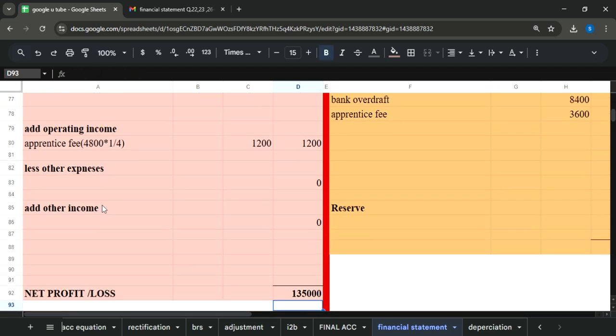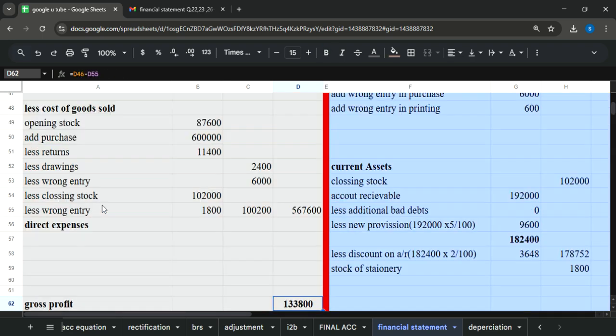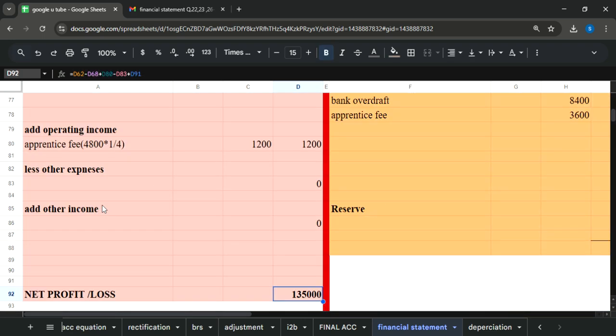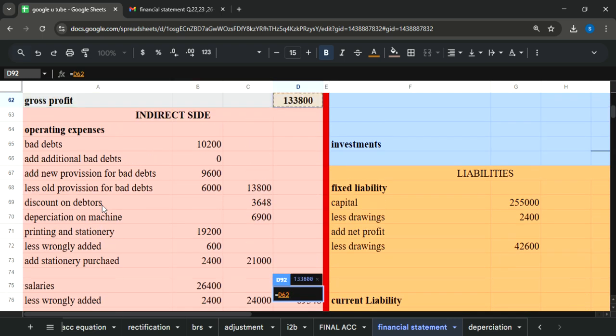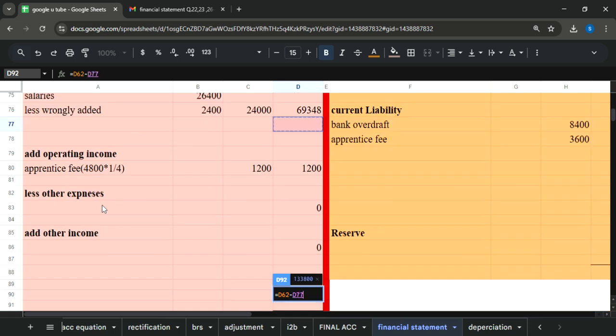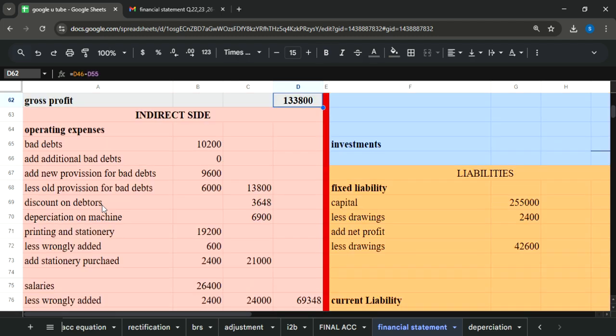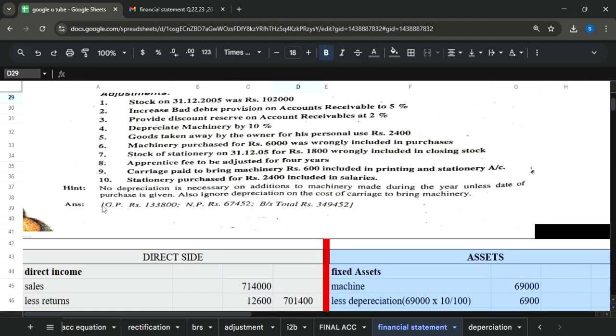So here we can start our calculations for net profit. For this we will take gross profit less operating expenses, and then we will add operating income. So what we have got is 65,652.